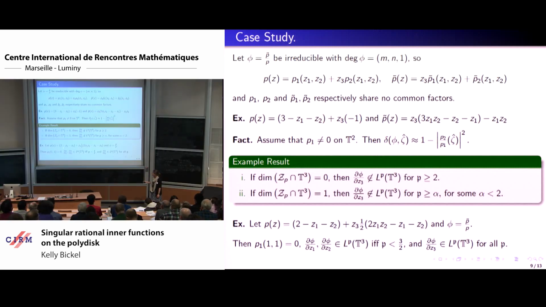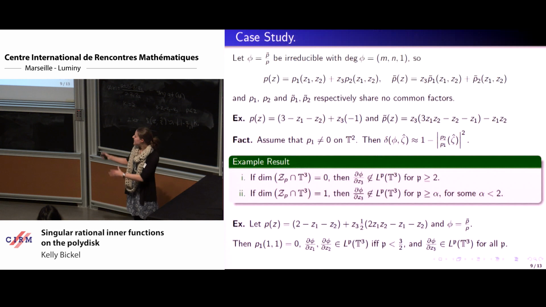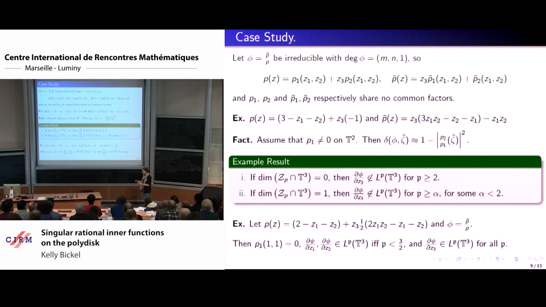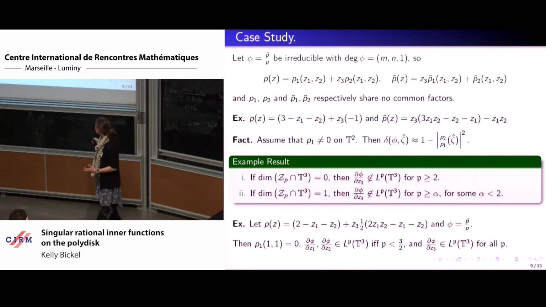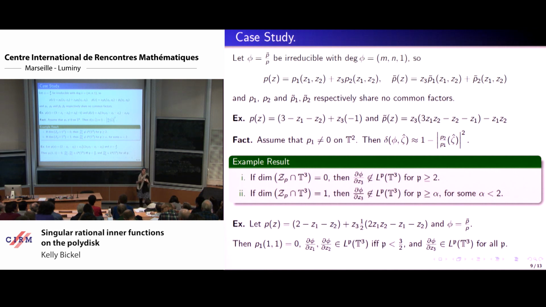But if you look at the z1 and the z2 partial derivatives, those are only integrable up to p equals 3/2. And so this is an easy example to work out, but it illustrates that there are some complexities here in terms of how the variables interact that provide barriers to getting a comprehensive theory. Because this is a very simple situation, and there are just certain conditions that we have to make so that basically all of our variables see the singularity.